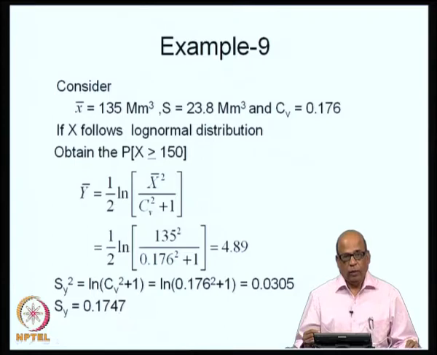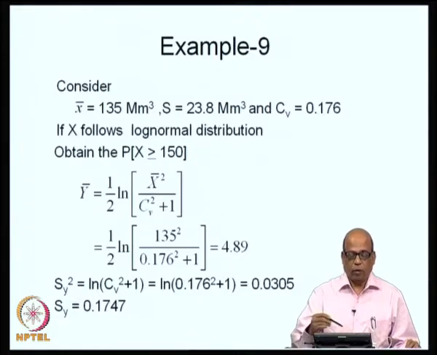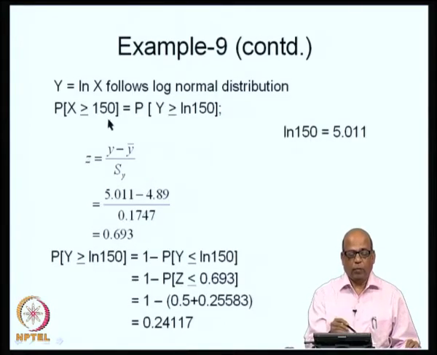So, once we determine the mean and the standard deviation, and given the fact that y follows normal distribution, then we can talk about probability of x being greater than or equal to 150. So, probability of x being greater than or equal to 150 means probability of y being greater than or equal to log of 150, because y is equal to ln x. So, because y follows normal distribution, we simply use the fact that z is equal to y minus y bar over s phi.